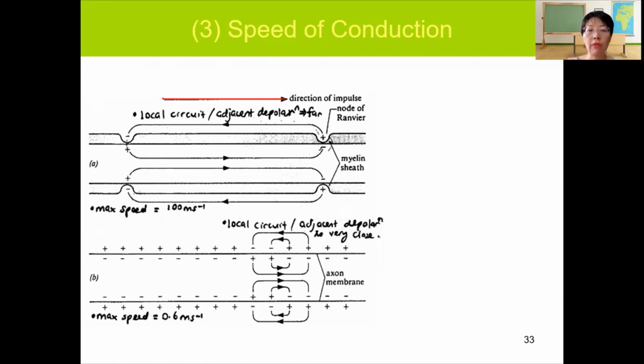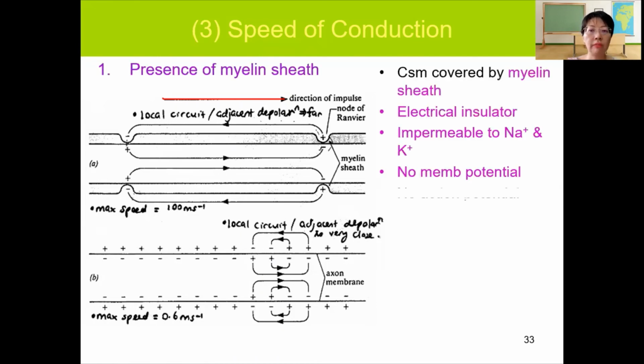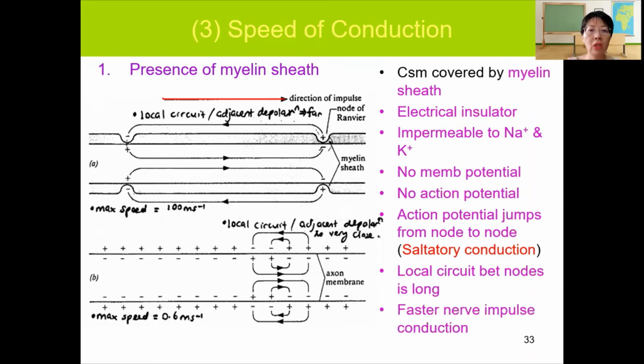Okay, it's a huge difference, right? Huge difference. Okay, so jumping from node to node is considered as saltatory conduction. So please learn up this term, saltatory conduction. Okay, so you understand the local circuit when I teach you the formation, a transmission of action potential.